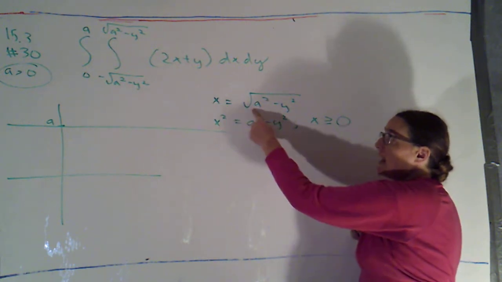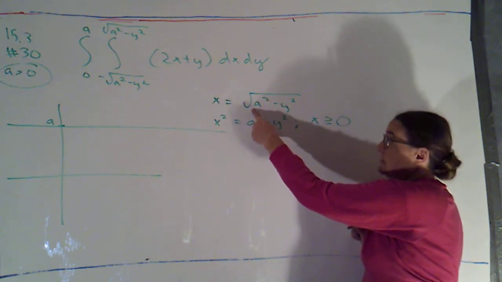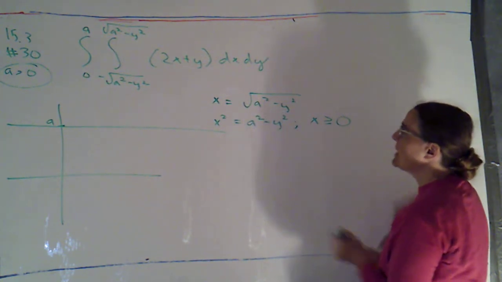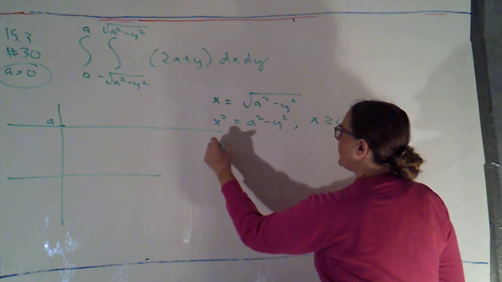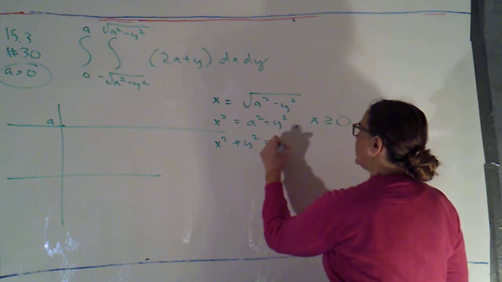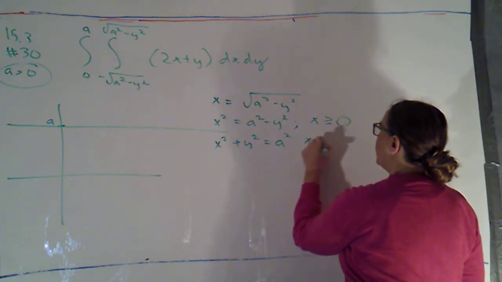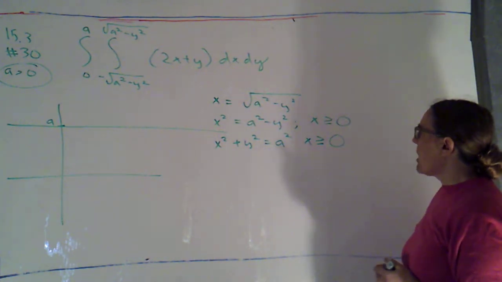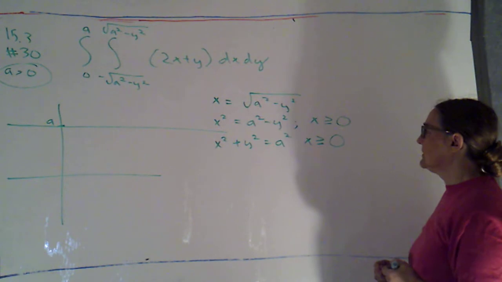X started out non-negative because it was equal to the principal square root of this thing, so x is still non-negative. But now if I add over that y squared, x squared plus y squared equals a squared, and x is greater than or equal to 0.